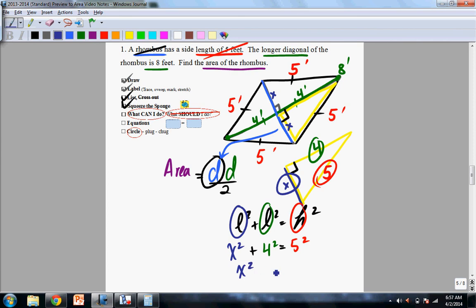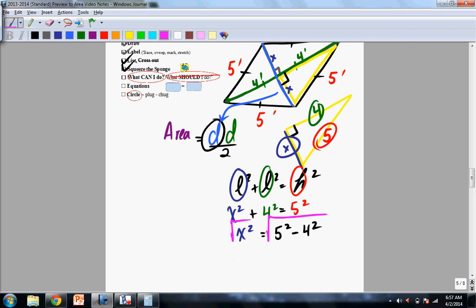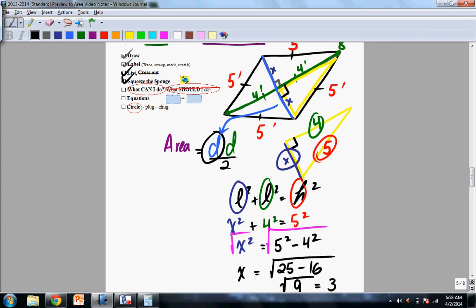We solve here, and we're going to end up with x squared equals 5 squared minus 4 squared. And we're going to square root both sides. So x equals the square root of 25 minus 16, which is the square root of 9, which is 3.